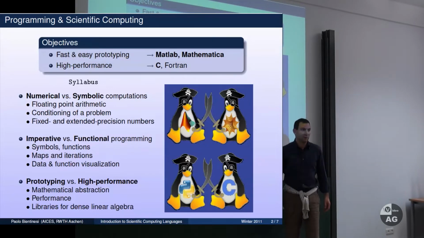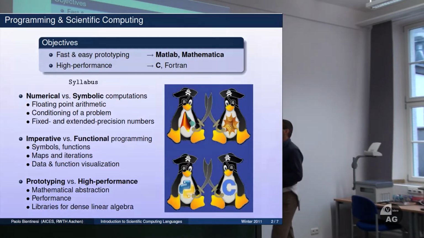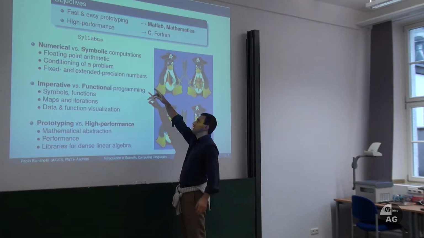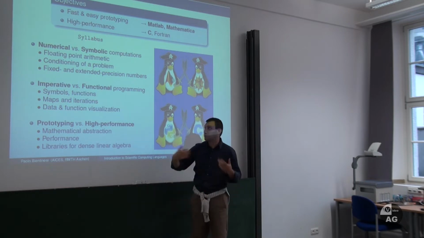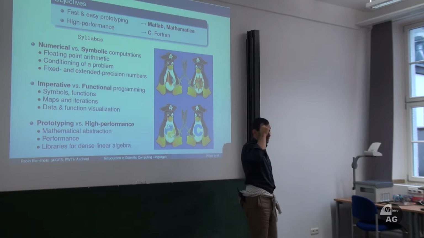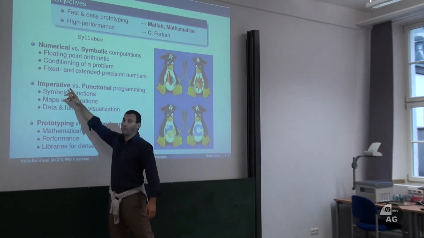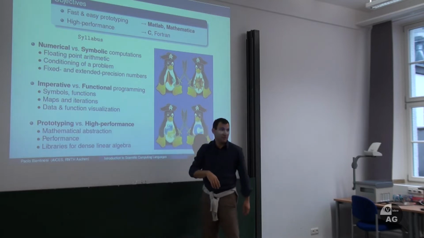Conditioning of a problem follows. It's another boring topic. At this point, the boring stuff is over, and we start looking at actual languages. So we will look at Matlab first, and Matlab follows an imperative programming style.